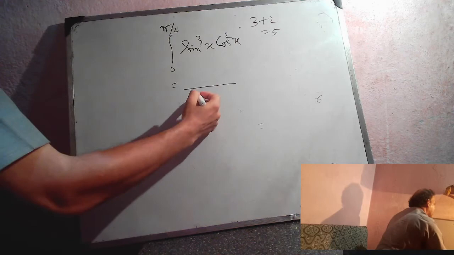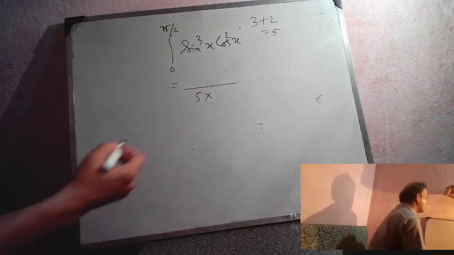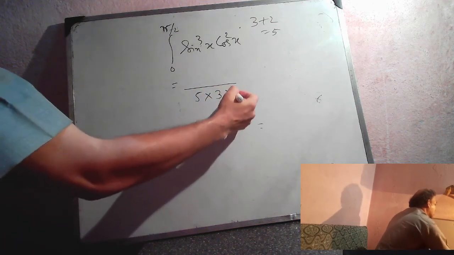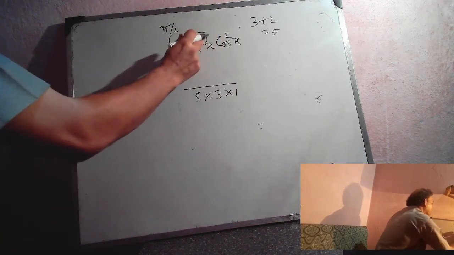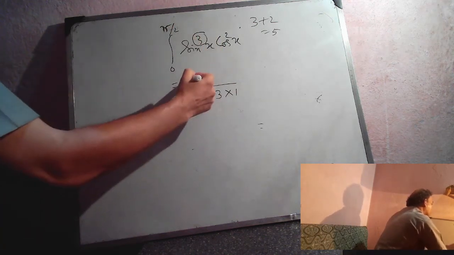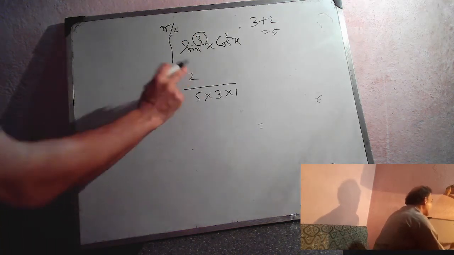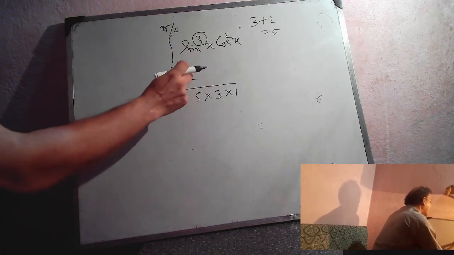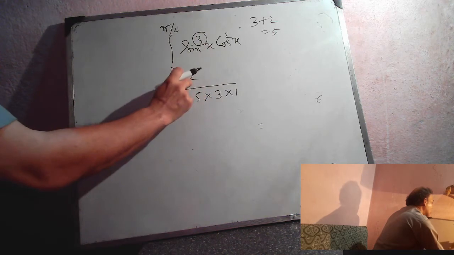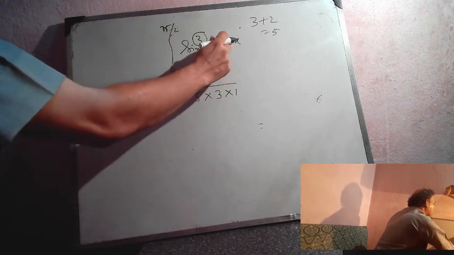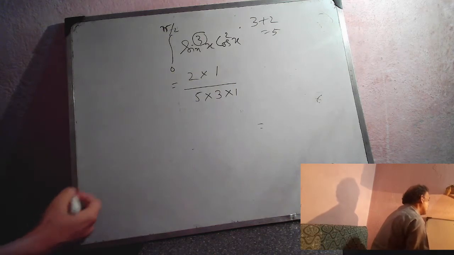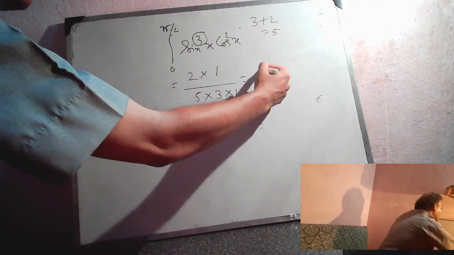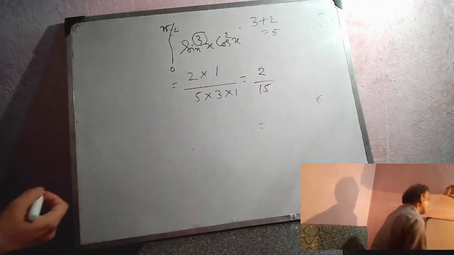Write here 5, decrease 2 units, 3, 1. Now for sine, 3 minus 1, 2. Stop here, we can't decrease further as 2 minus 2 is 0. Now for this part, 2 minus 1, 1. So our answer is 2 by 15.